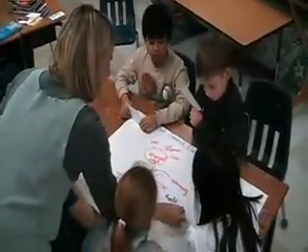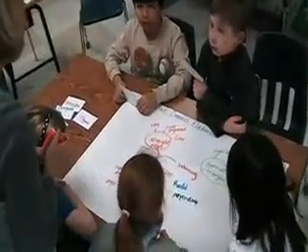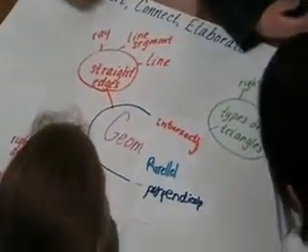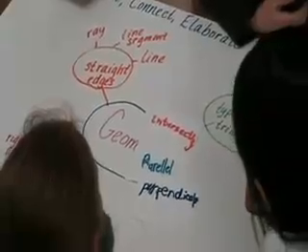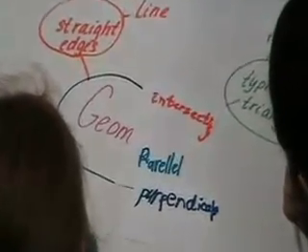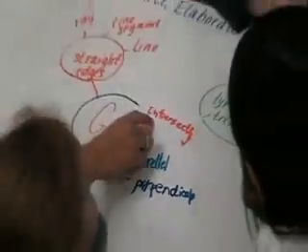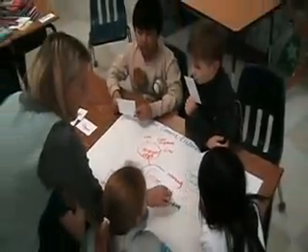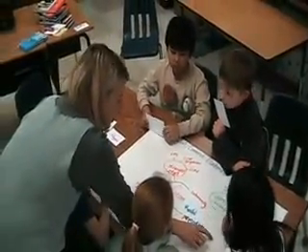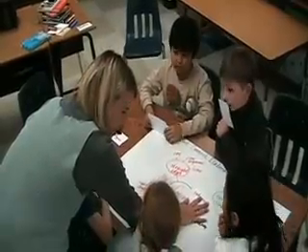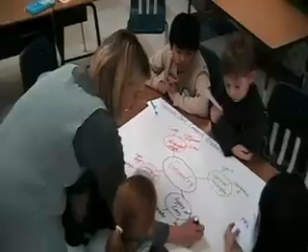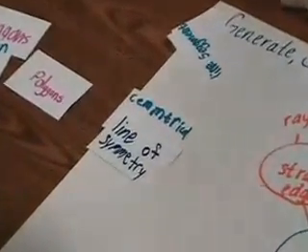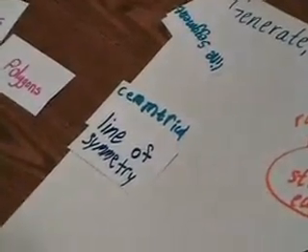We sorted these words out. What could we say? Intersecting, parallel, and perpendicular. When we say we have intersecting lines, parallel lines, perpendicular lines, could we group them as types of lines? Yeah. Symmetrical and line of symmetry. What can we do with those?